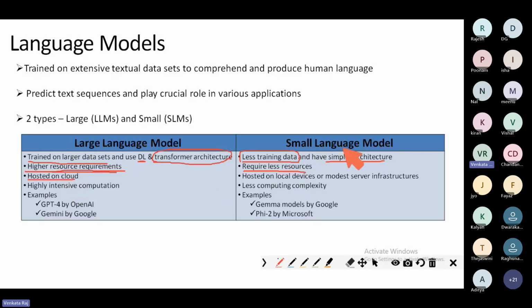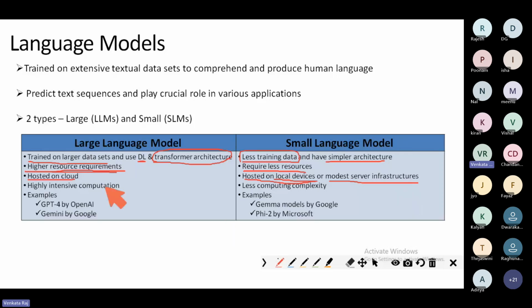But small language models can be hosted on local devices, for example our laptop, our desktop, okay? Or server infrastructure with moderate hardware. You can deploy the small language models.